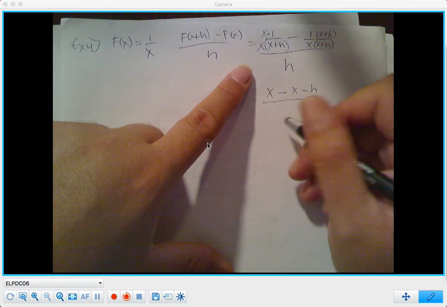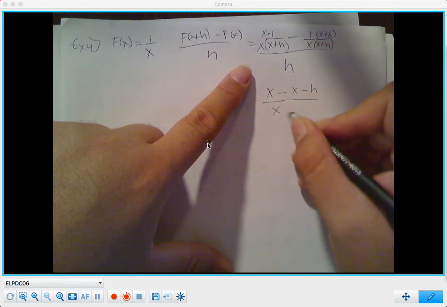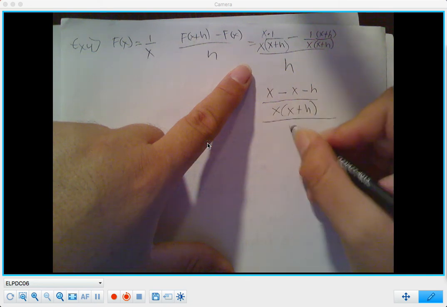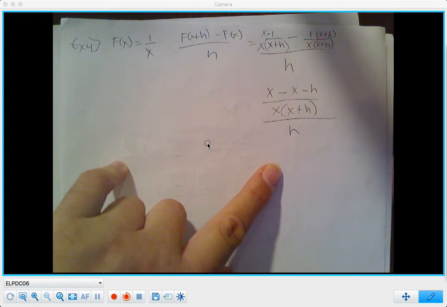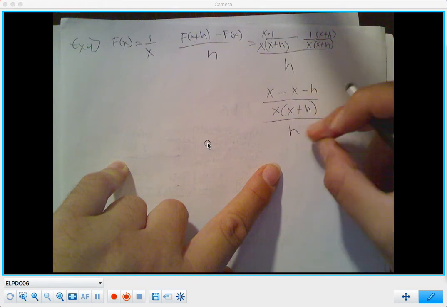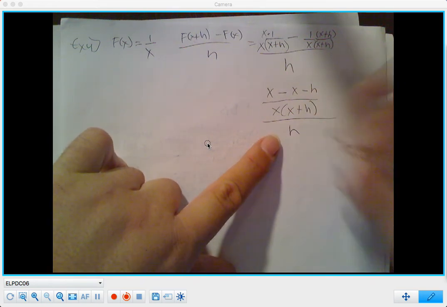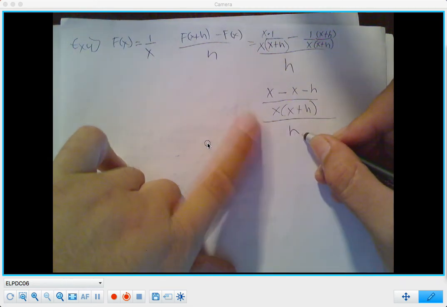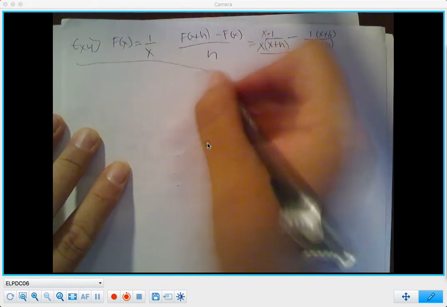Let's leave it like this to see what happens. So we just leave it like this, x times x plus h, and then you have an h. Now look, if you have a fraction over a denominator, you can just put the denominators right next to each other. What am I saying? Let me give you another example.